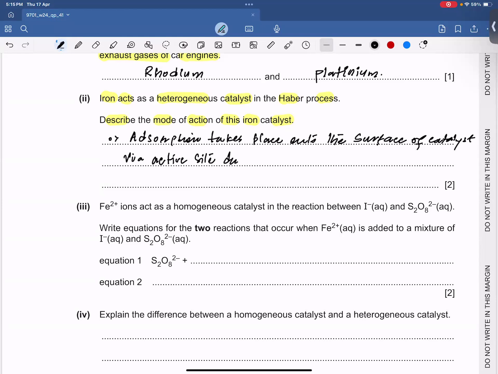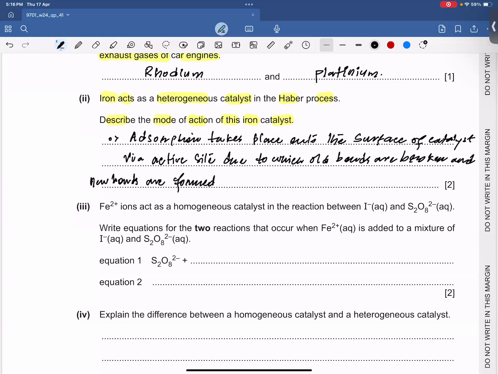Due to which old bonds are broken and new bonds are formed, through a series of steps.